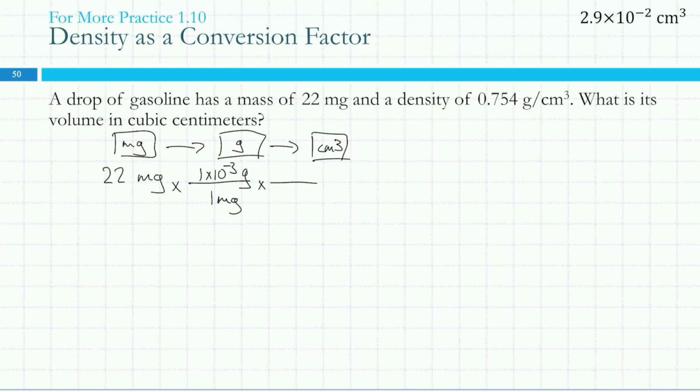So that many grams is equal to that volume of whatever it happens to be, gasoline in this case. So I can write 0.754 grams on the bottom and then centimeters cubed on top. And anytime this is written, like here it's written 0.754 grams, and then that's just the slash centimeters cubed, that means per 1 centimeter cubed. So even though the one's not written in there, it's there.